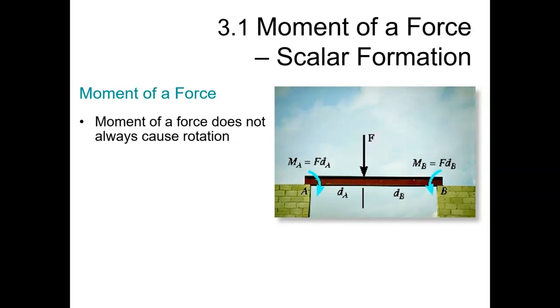You have one structural member, a beam, which is positioned horizontally at points A and B. One end is sitting at A, one end is sitting at B. If you apply a force F here, is this making my system rotate clockwise or counterclockwise? Anyone can answer the question.